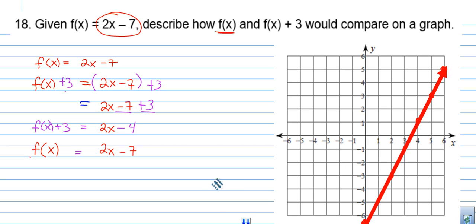Okay, that's going to be the graph of that one. So now we do the purple one. It's going to start at negative 4 and go up 2 over 1, up 2 over 1.